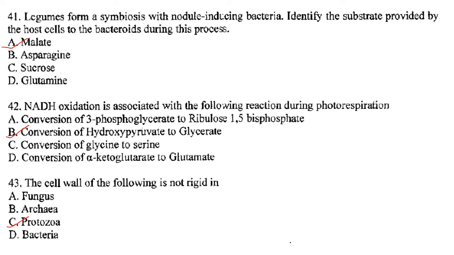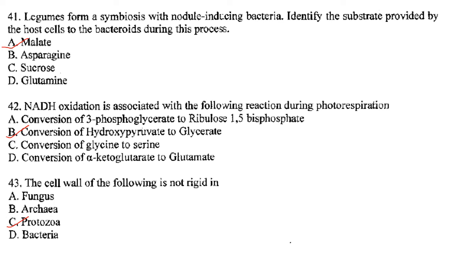The plant provides malate as a source of energy for the bacteroids. Then the next one. NADH oxidation is associated with the following reaction during photorespiration. It is the conversion of hydroxypyruvate to glycerate. Answer is option B.